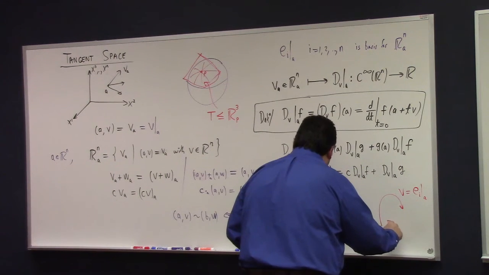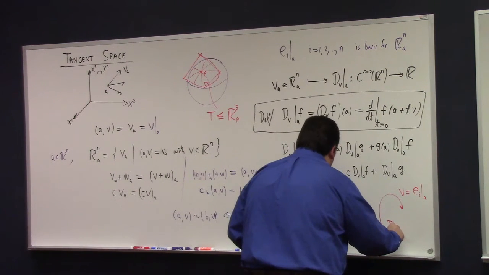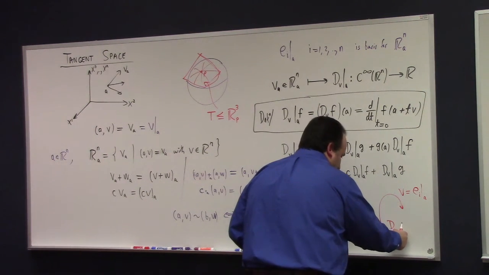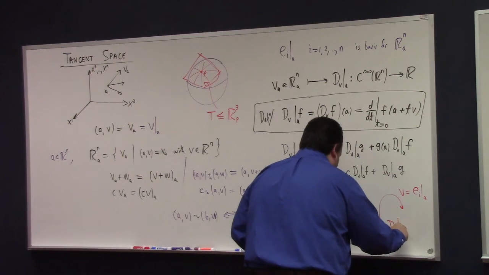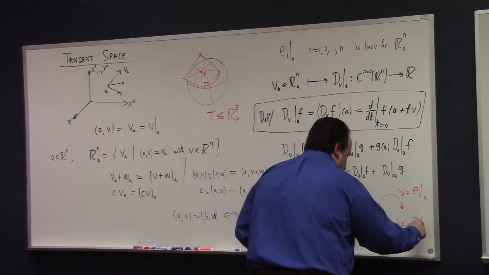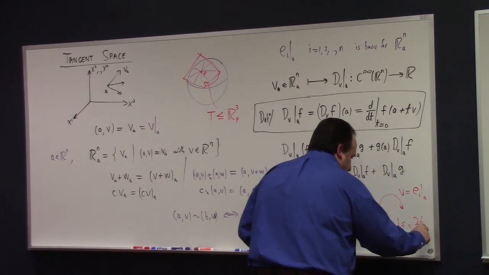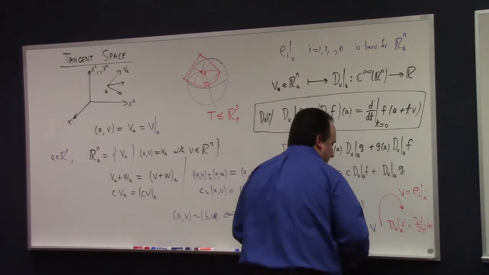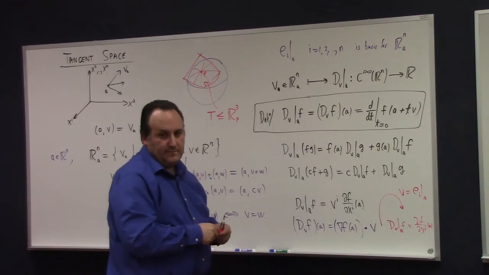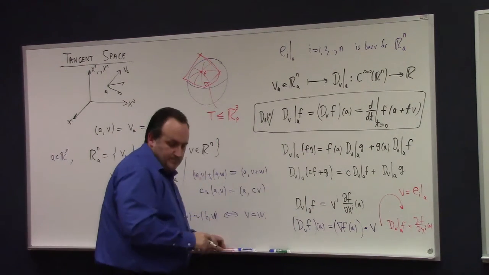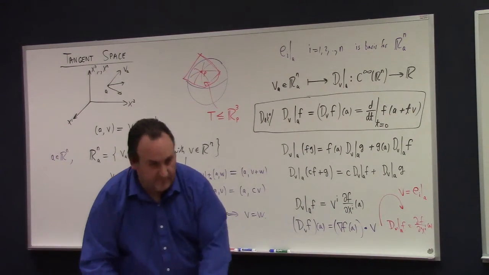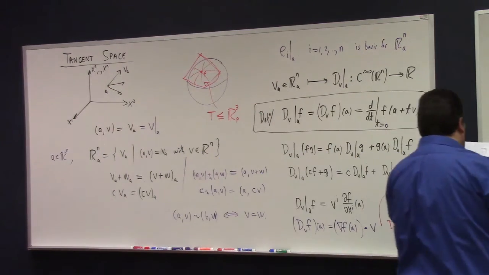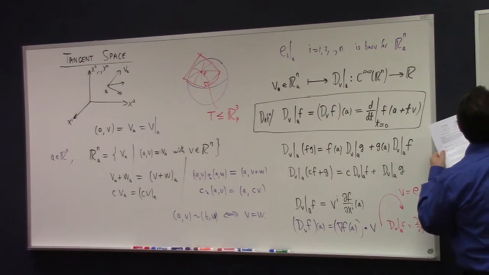What's the directional derivative, D_v at a of f, what's that equal to? Well, it's just equal to partial f partial x^i at a. All right, fine, let me get on with it here. We need to make a definition.